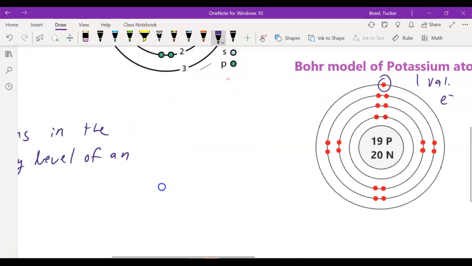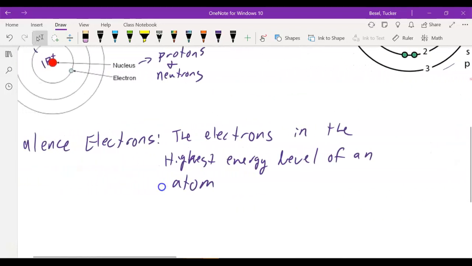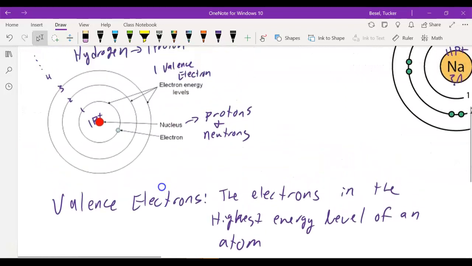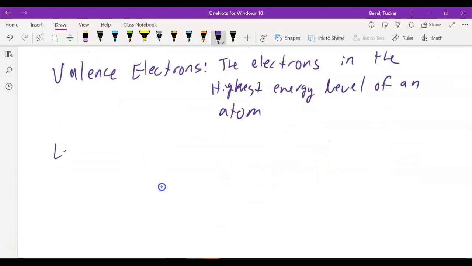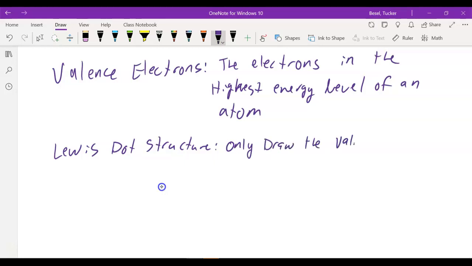Okay? So for a Lewis structure, we're only going to draw the valence electrons. Okay? So for a Lewis dot structure, only draw the valence electrons.